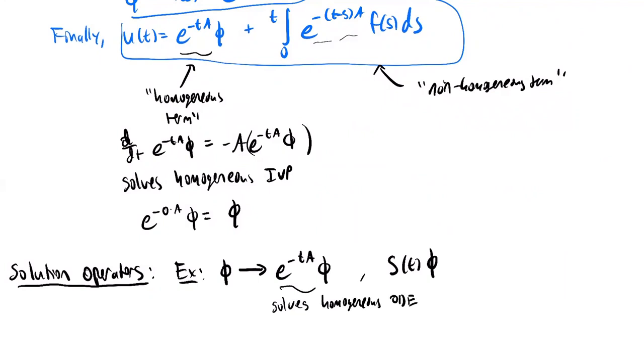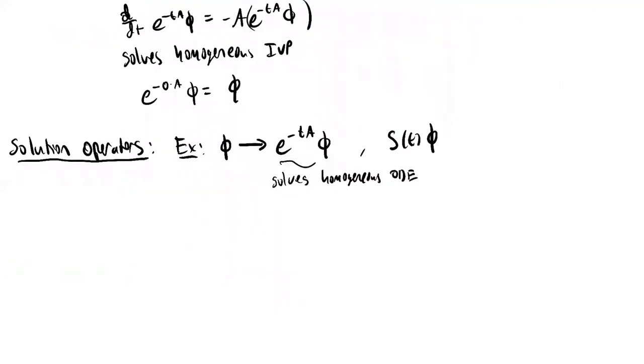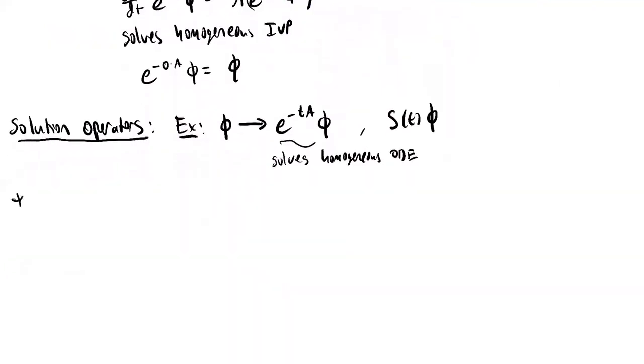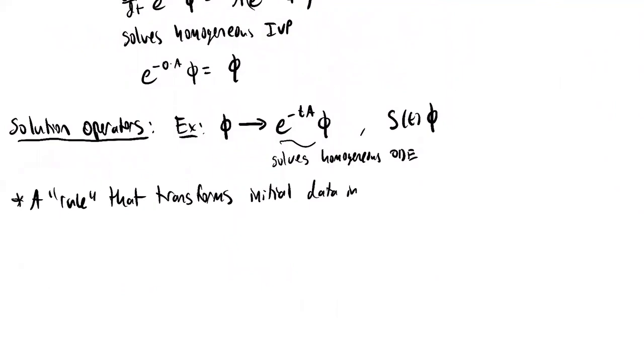So a solution operator is going to be a rule that transforms the initial data into the solution to the homogeneous equation. Right? So this is a rule that transforms initial data into the solution to the differential equation.